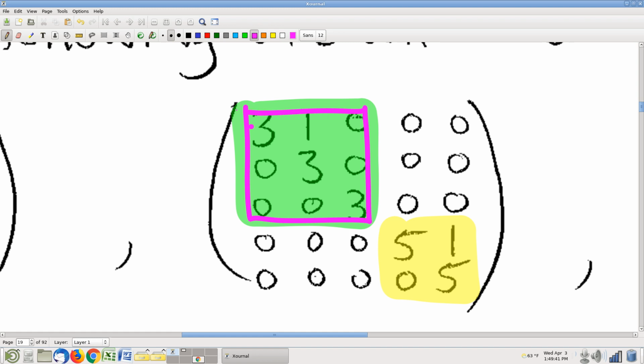No, we can't, because the entry above the diagonal there would need to be a 1, but it isn't, so that's not okay. You cannot call that a basic Jordan block. What about this? Here, let me get rid of that. What about this? Can I call that a basic Jordan block?